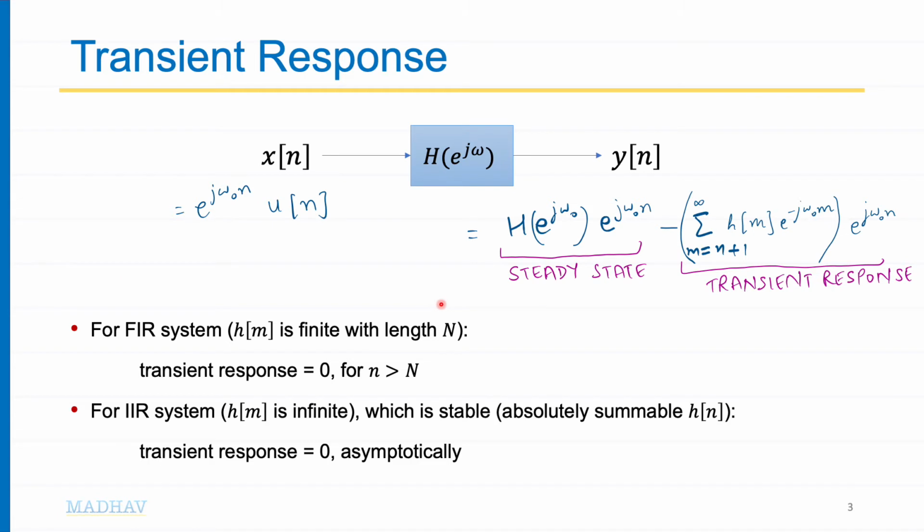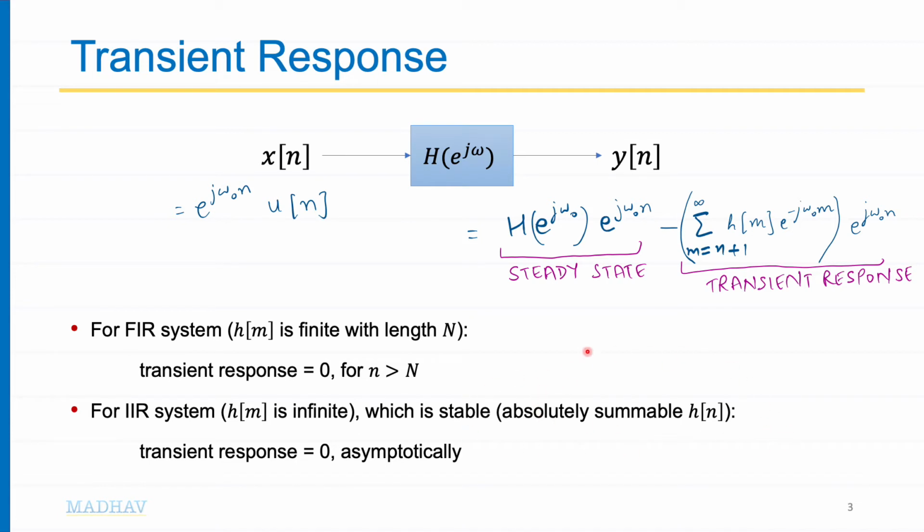But if we have an infinite impulse response system, which means my h[m] never dies out and is non-zero for almost all future times, but the system is stable, then, as you have read in the DTFT definition and properties, it is stable when the signal is absolutely summable.